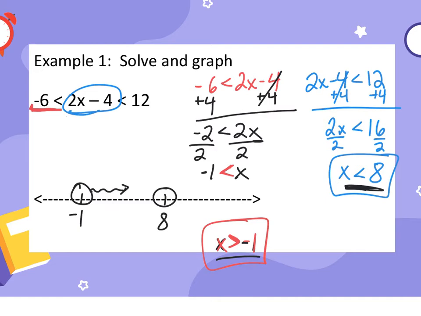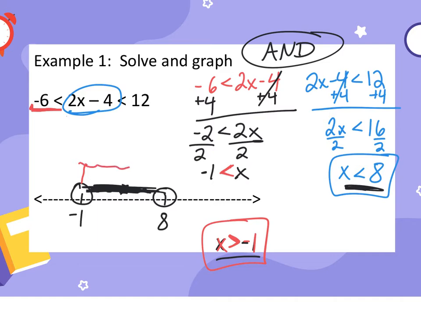X is less than 8, so we're going to start shading to the left. Well, since this is an AND function, we just want to know what they have in common. So it's just this line right here. And you're welcome to do your shading up here above. So for instance, I could have just started shading here left, here right, and then saw what they had in common and then brought it down to graph it. But you're welcome to do it all right there. And if you mess up, just erase.